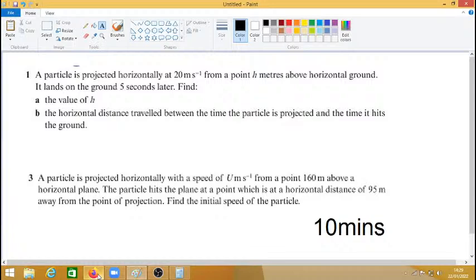Okay, a two-part question and then one other question. So hopefully you've got at least one of those questions done and the second one attempted. But let's see what answers you've got. If you can just type in your answers now.